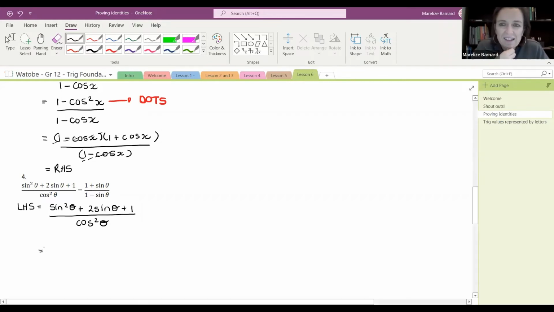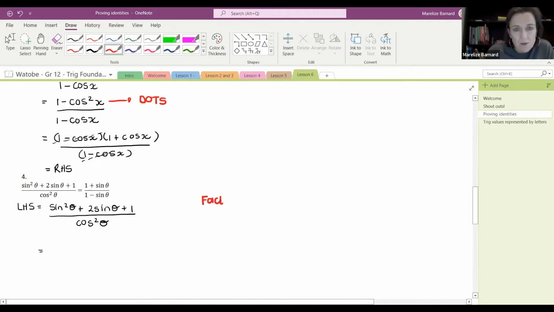We can change the cos squared theta to 1 minus sine squared theta. Yes, I was thinking the same thing. And Neo is saying the numerator is a trinomial. Yes, well spotted.